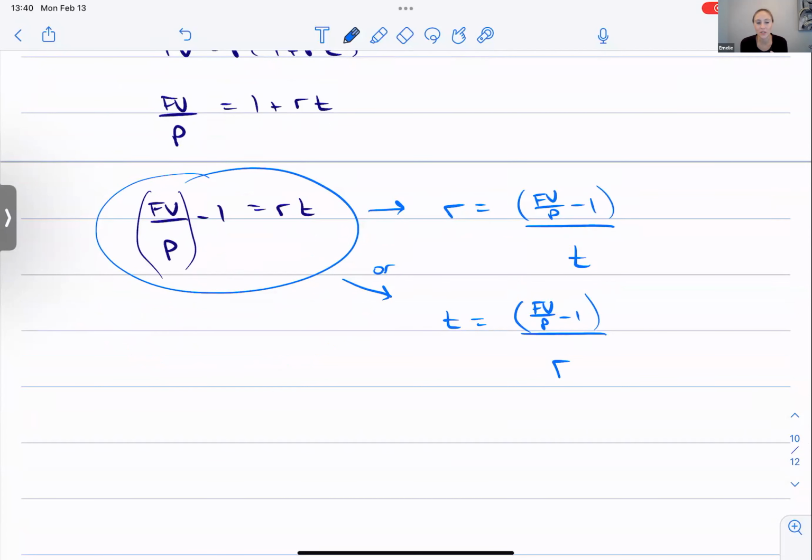And I would also encourage you to just start from these formulas.